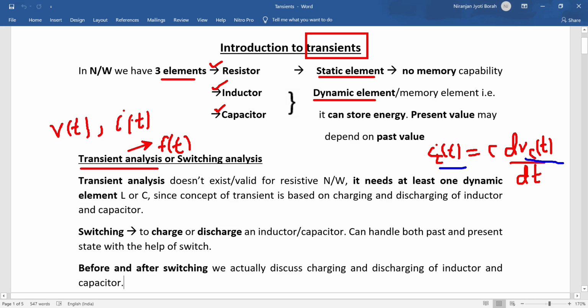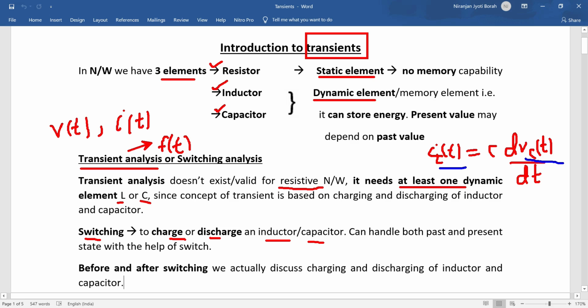So, in transient analysis, there should be at least one dynamic element, that is inductor or capacitor. We don't carry out transient analysis for a resistive network, which plays a very important role in transient analysis to study the charging and discharging of an inductor or capacitor.